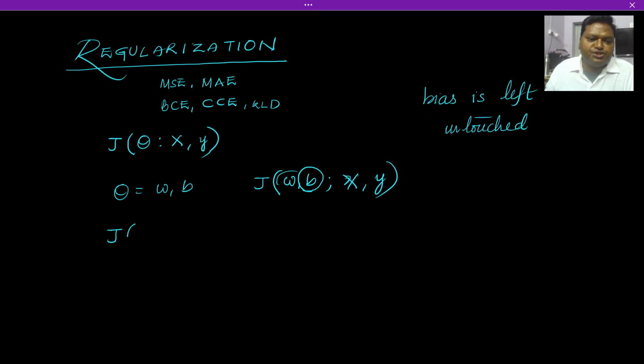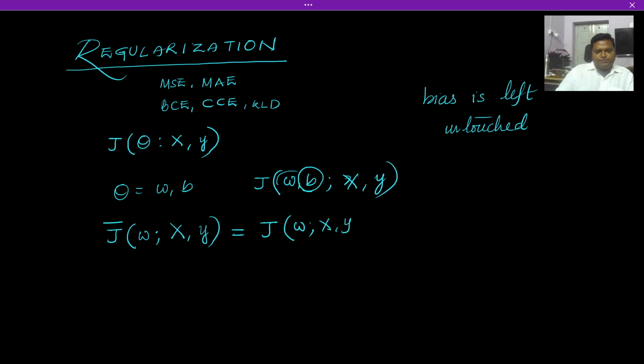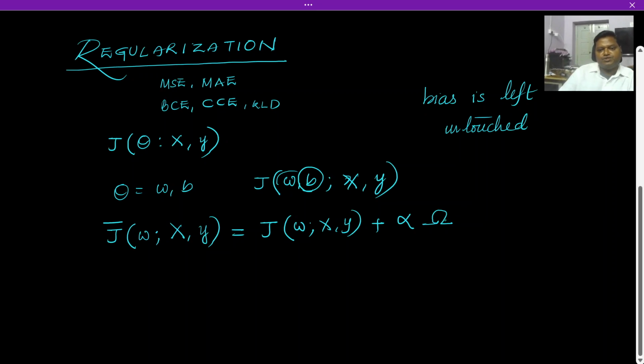So instead of writing J theta, I will prefer to write J of W given X and Y, computed after regularization, which is the unregularized cost function plus the penalty. And we define a hyperparameter called the regularization parameter, alpha, and your penalty function omega of theta.